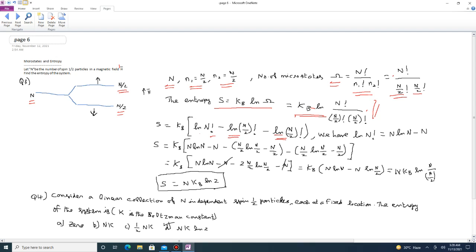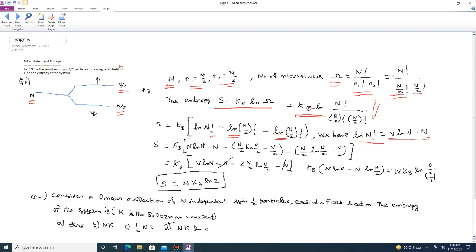Stirling's formula says log N factorial may be expressed as N log N minus N.